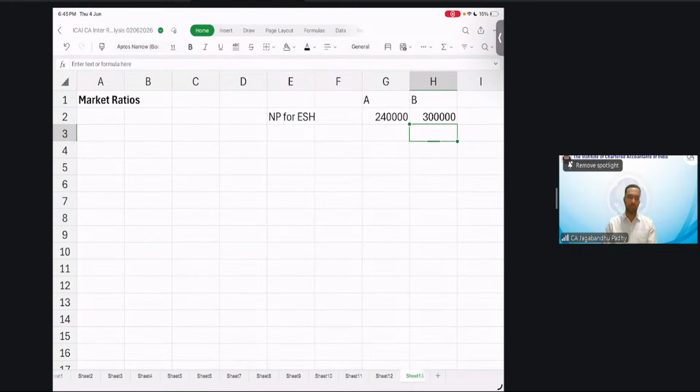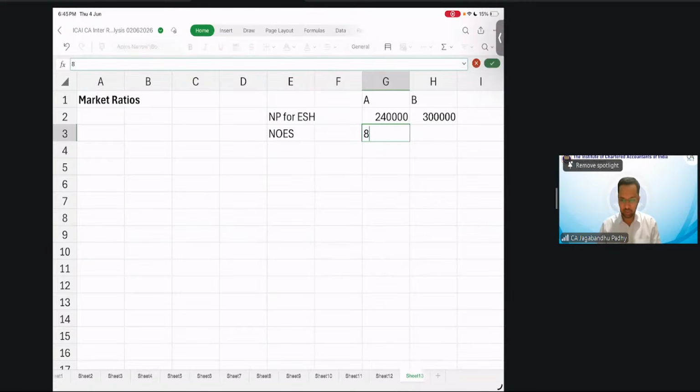So what is net profit for equity shareholders? If the net profit for equity shareholders is 2,40,000 and 3 lakh, which of these two companies do you feel has generated better returns for its equity shareholders? B. We can't say by looking at that number alone, because I also need to see the number of equity shares.